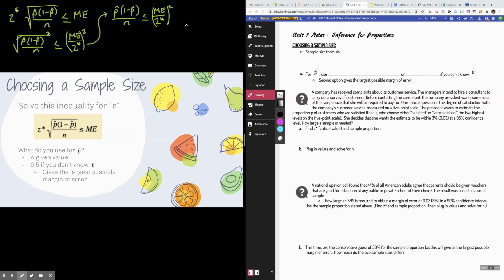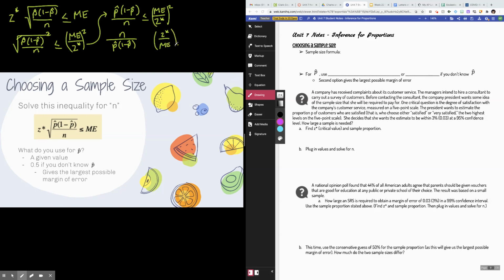Now, there's a couple of ways that you could do this in order to get n by itself, but I think the easiest way is to flip both of your fractions. So instead of n being in your numerator, change it to the denominator. So you have n over p hat (1 minus p hat), and then you have z star divided by the margin of error.